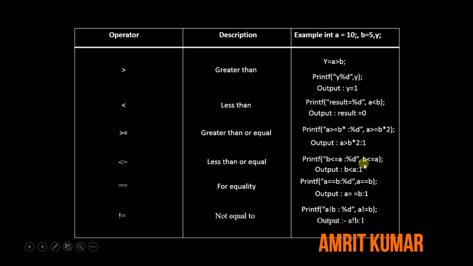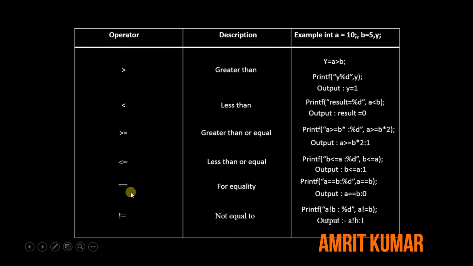And we know that I have initialized A equal to 10 and B equal to 5. So 5 is less than equal to 10. It is the correct statement. Therefore, it is going to return you 1. Therefore, the value is replaced with this format specifier, and the output is this.